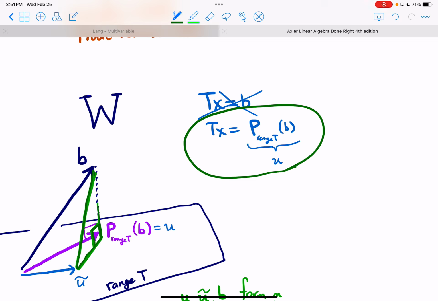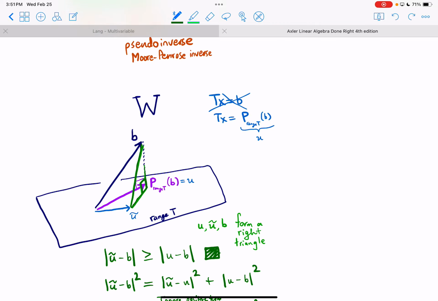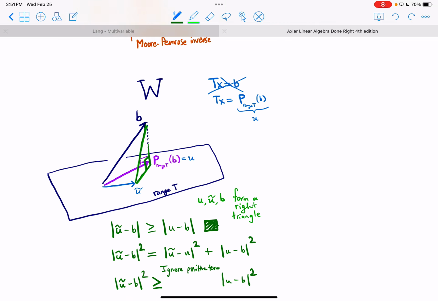It's in the range of T, we can actually get there. Right? This actually makes sense. Did you think that the pseudo-inverse was going to make sense? When I first read it, it did not make sense to me. Maybe it's okay for you, but let's keep going. We're halfway to understanding.